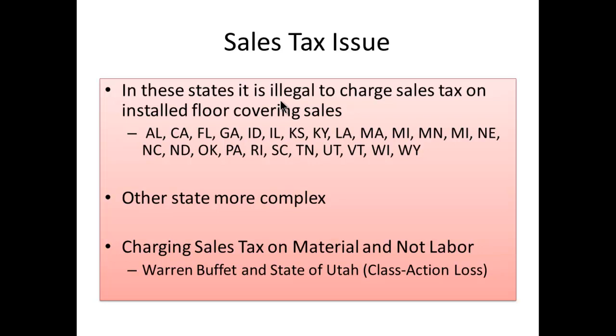If you look at the part down here that says Warren Buffett in the state of Utah, in 2004, one of the Warren Buffett owned companies and the state of Utah were sued because they were charging sales tax on installed sales, and the state of Utah was allowing it. They had actually audited people that were just charging sales tax on the material and not the labor, and were allowing that to happen.